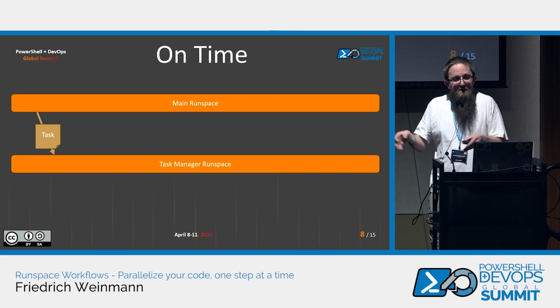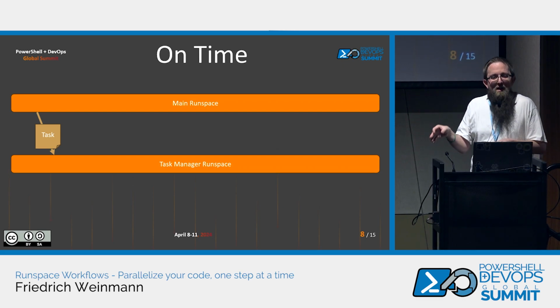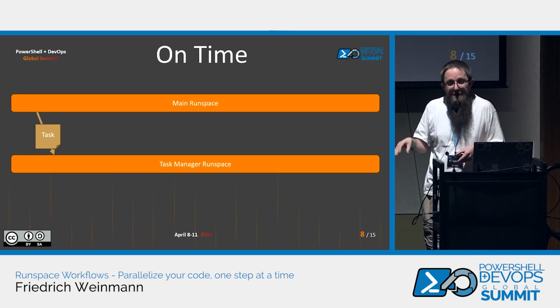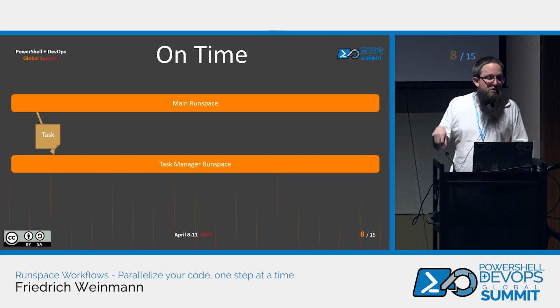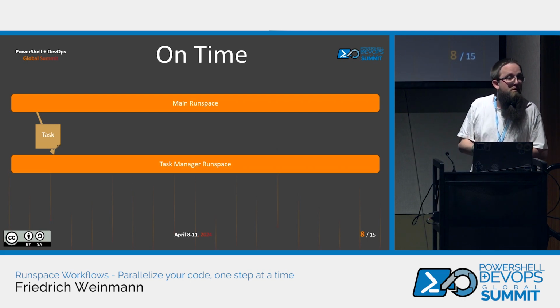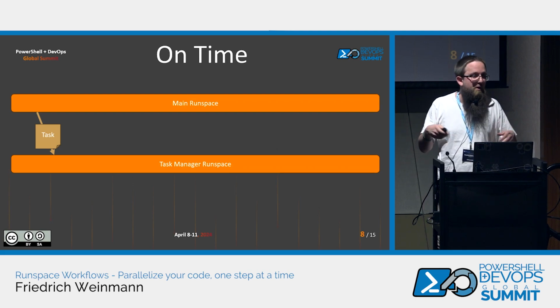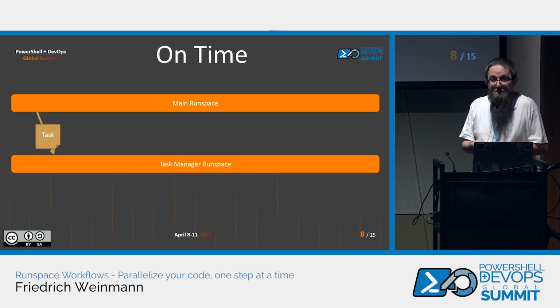I've got a module that needs to purge some temp things. I don't care exactly when that happens. I don't want to wait for it to complete because it might take some time. So I'm just going to throw this to some job manager for me, so I don't need to implement my own full Runspace thread just for that.